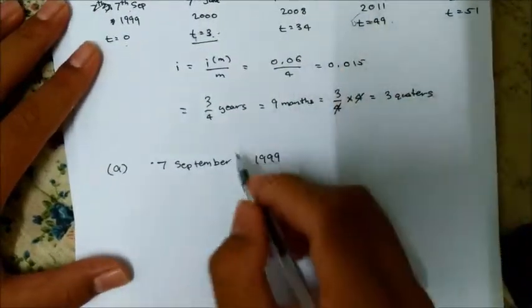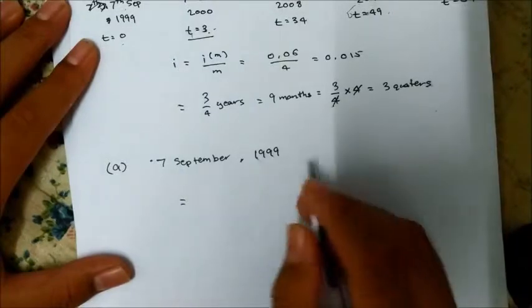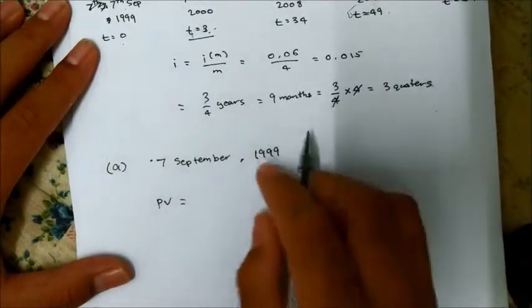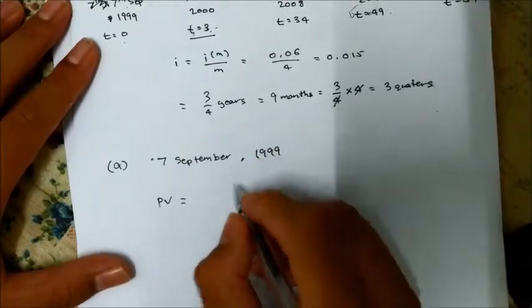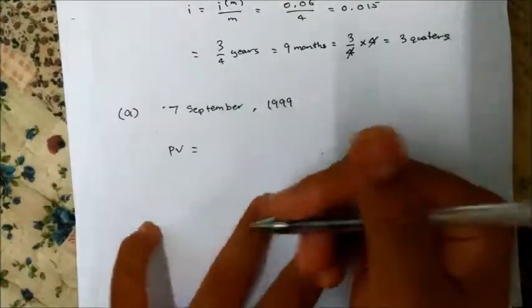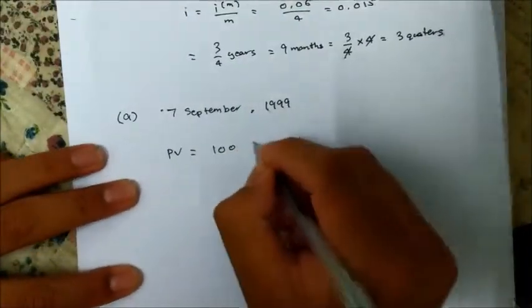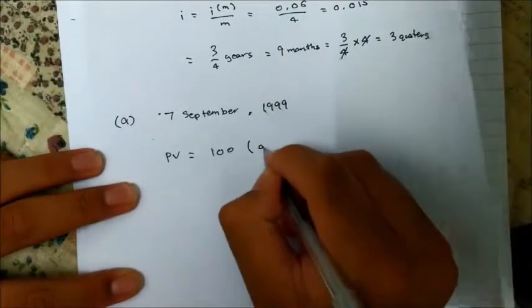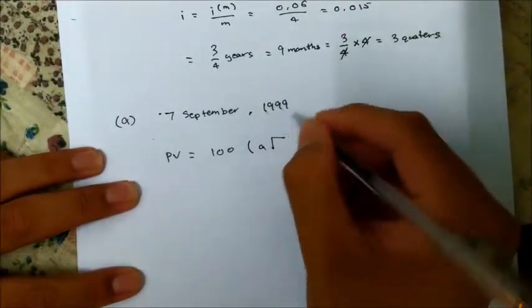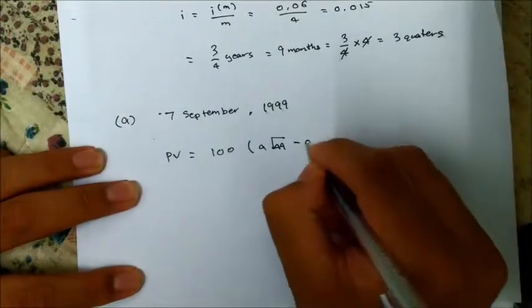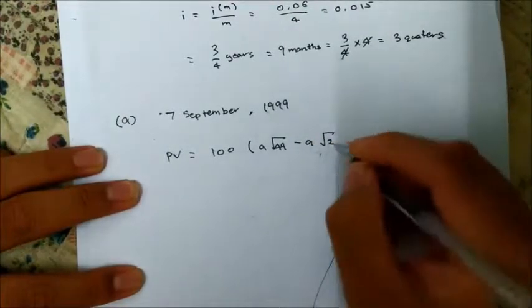So to solve this question, the present value is equal to 100 times the present value of 49 minus the total present value of 2.